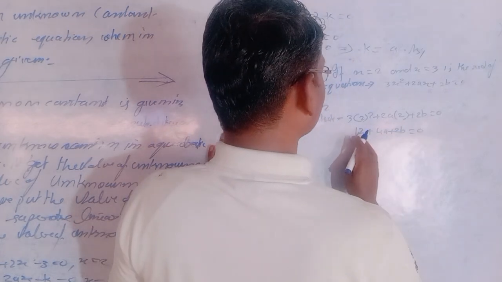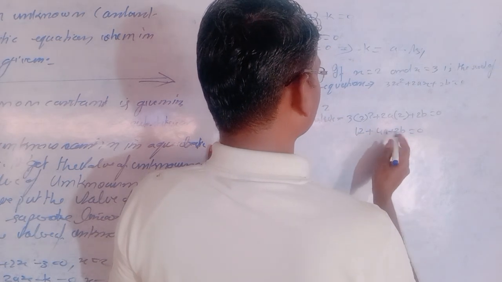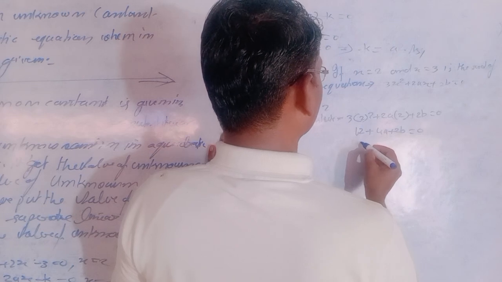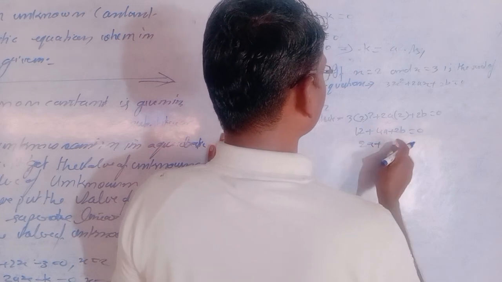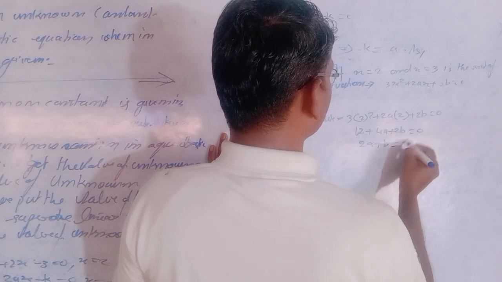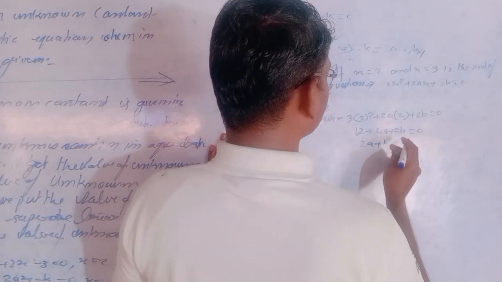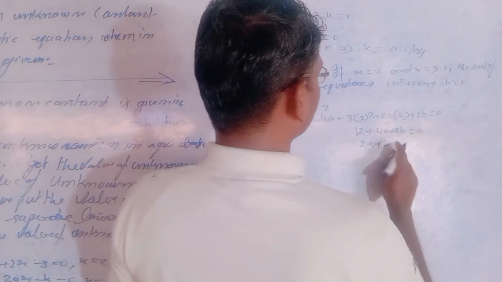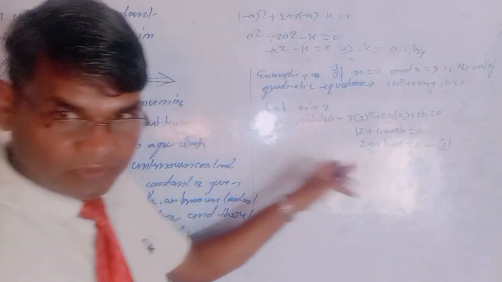Then it becomes 2a plus b plus 6 is equal to 0. This is the first equation we have found here.